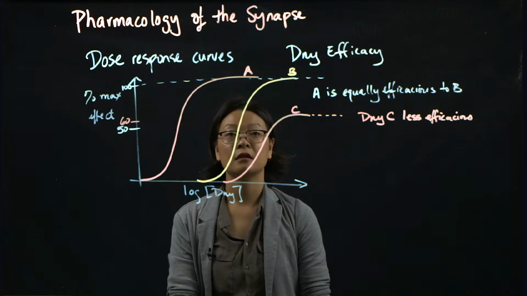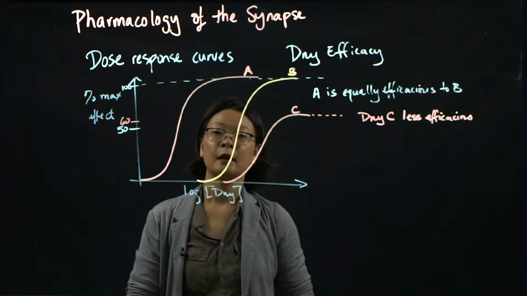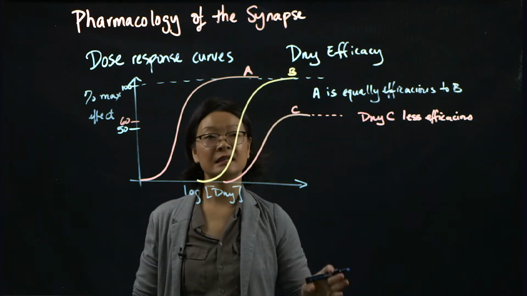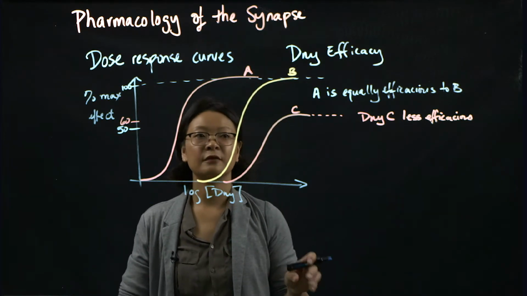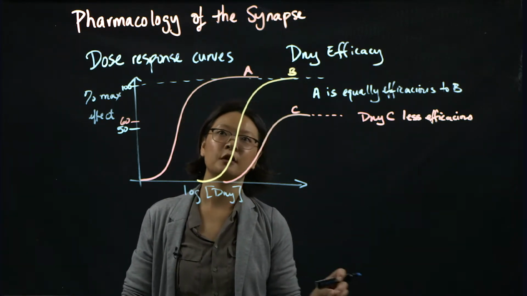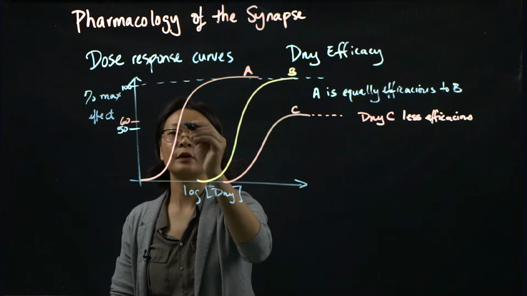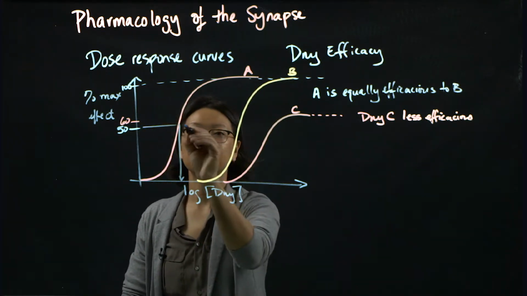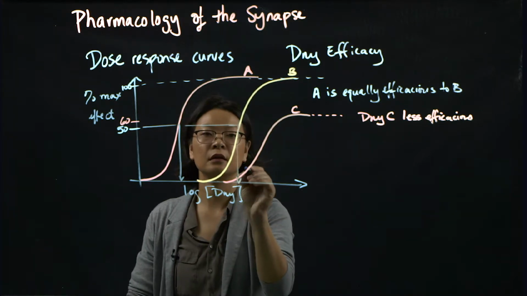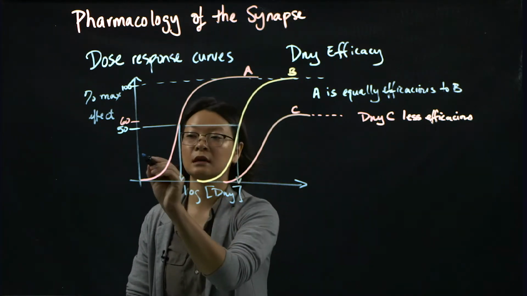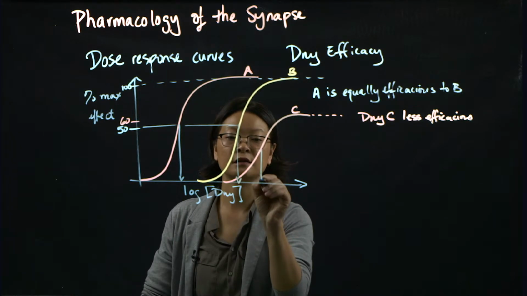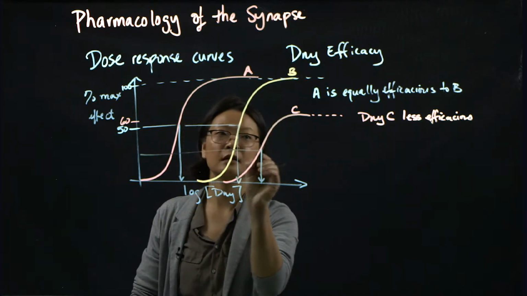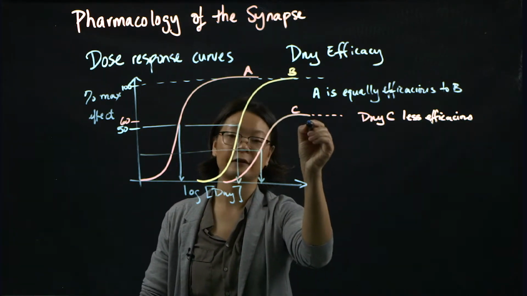If we revisit the concept of potency now, again, potency is taken off of the EC50, but it's the EC50 of that particular drug's maximal effect. So drug A's potency would be here, B's potency would be here, and drug C's potency would be here. So this is approximately 50% of the drug C maximal effect.